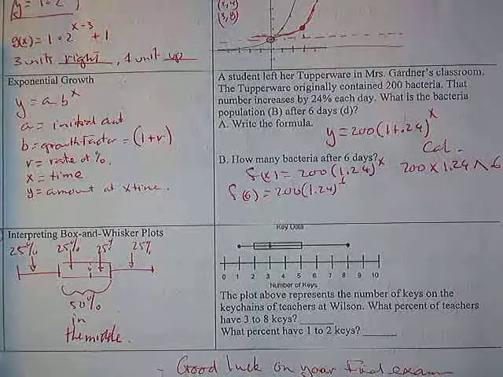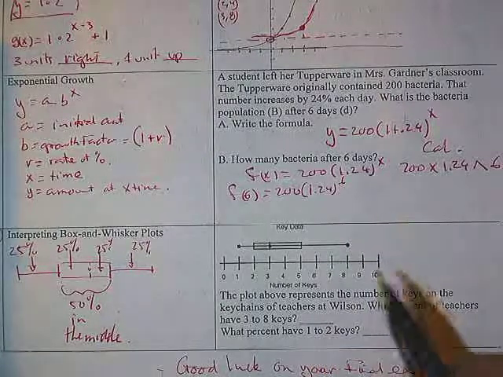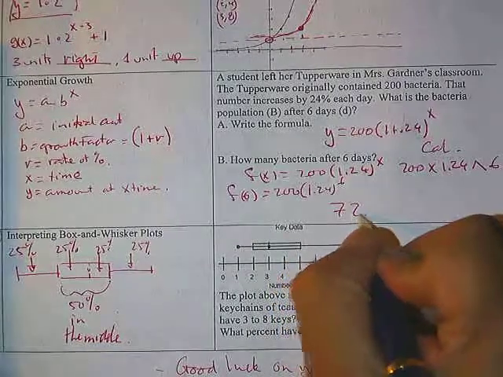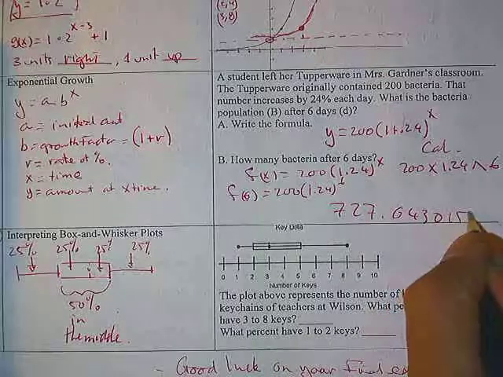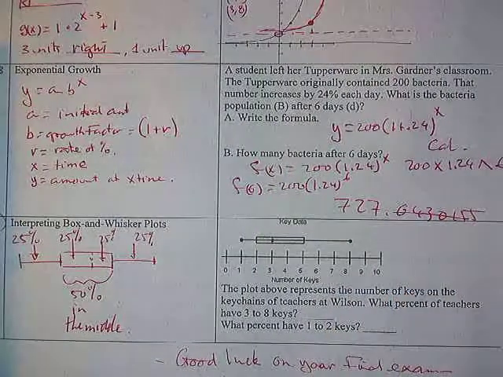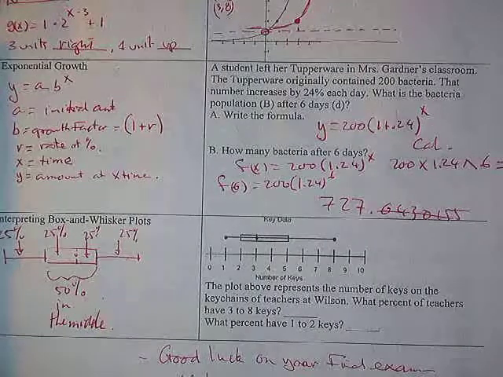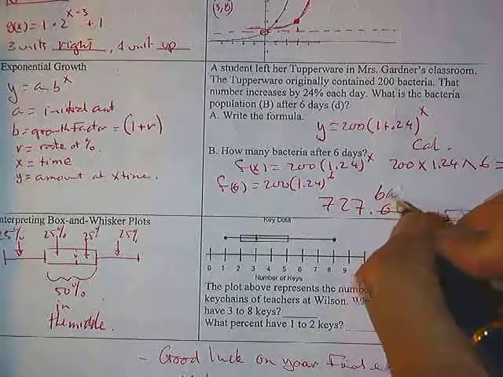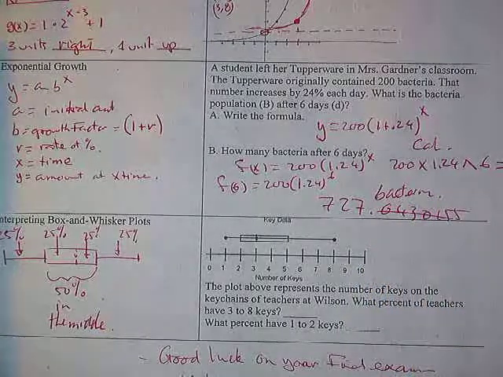In case you don't know, it's 200, then multiply, then 1.24, then that exponent key, and then the number 6, and push enter. So that's 200 times 1.24 to the 6 power.